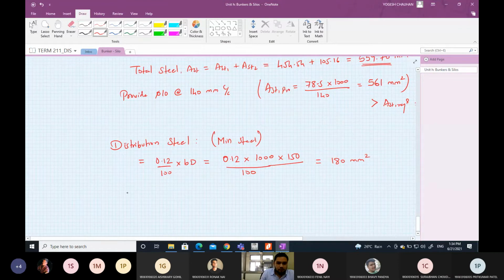So let us provide 8 mm bar at a spacing of 200 mm center to center.